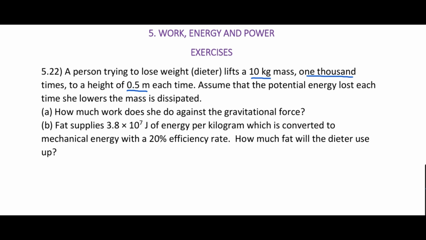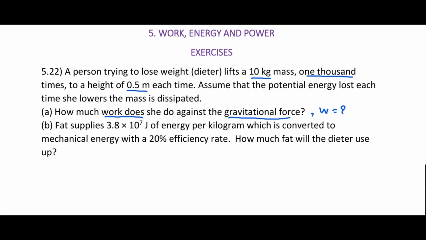That means she is lifting 10 kilogram of mass to a height of 0.5 meter and lowers. Like this, how many times? 1000 times. How much work does she do against the gravitational force? First of all, we need to find out work done by her.